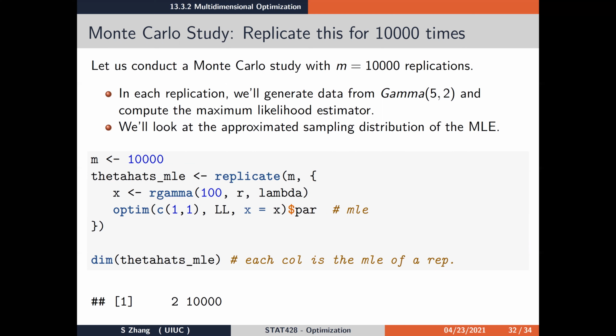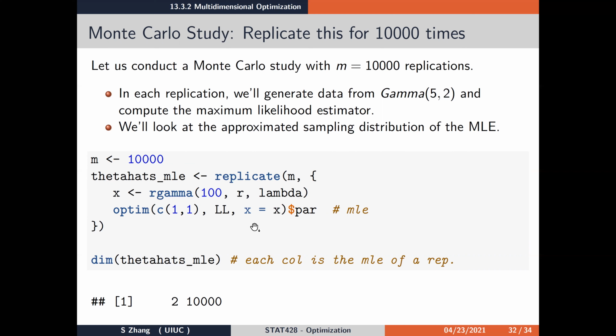If you have taken 410 or 510, you might have learned that the MLE is asymptotically normally distributed, where the mean is the true value of the parameter, and the standard error is given by the square root of 1 over the information matrix.